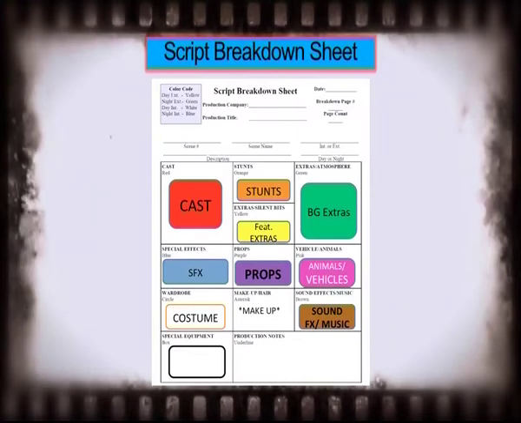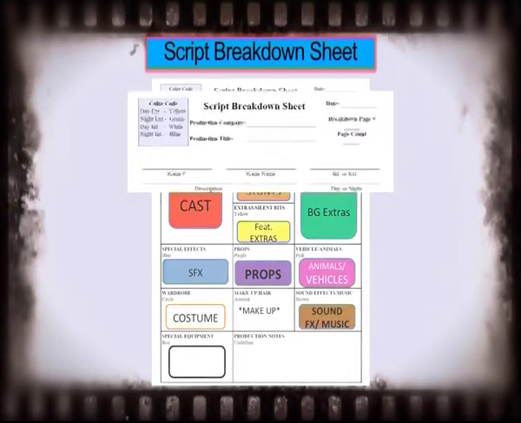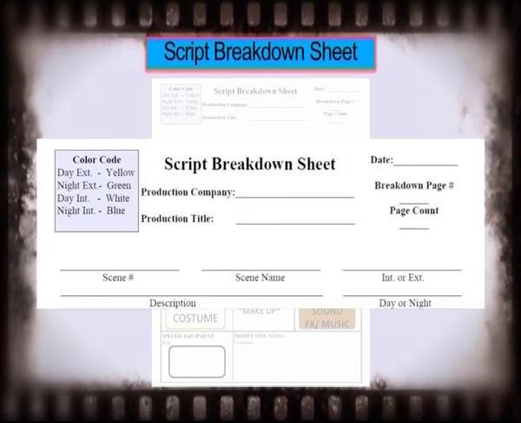Right. So if you look at a script breakdown sheet, it has a heading which is basically the title of the film, the company which is producing the film, and there will be certain information in terms of, say, what is the number of that breakdown page and the scene number. Incidentally, the scene number and the breakdown page number has to coincide.